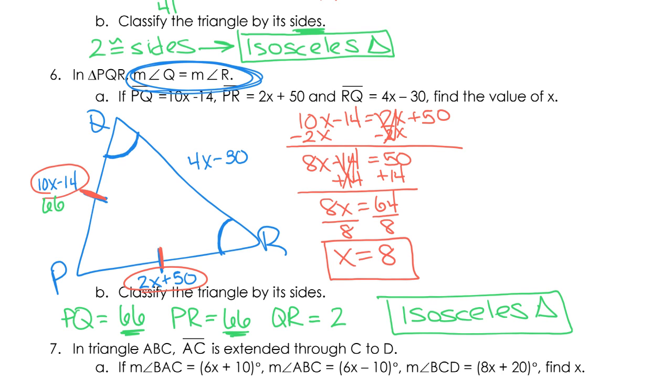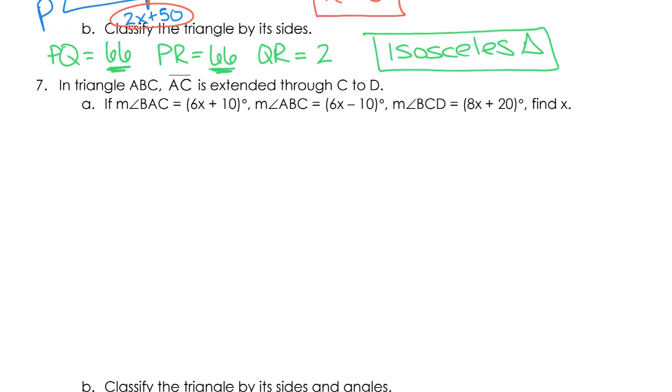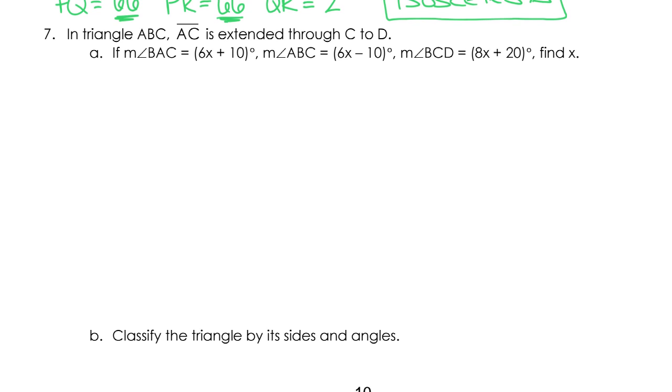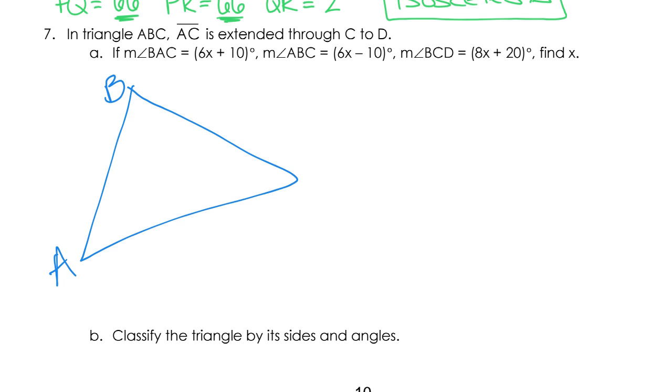Okay. All right, next question. Number 7. It says we have triangle ABC. And it says that AC is extended through C to D. And then it tells us that the measure of angle BAC is 6x plus 10.